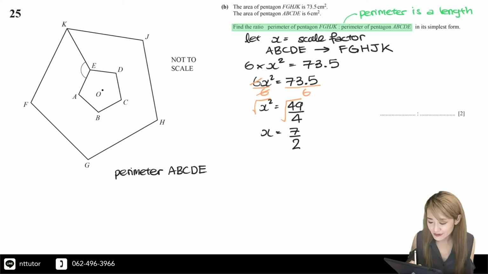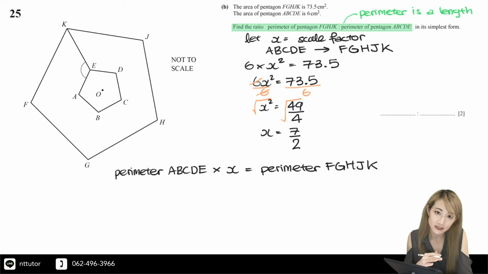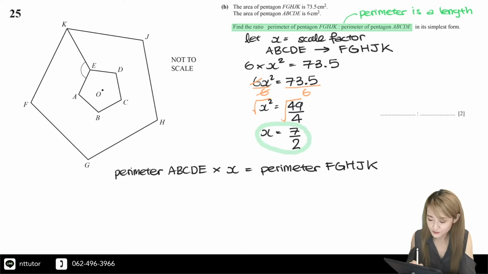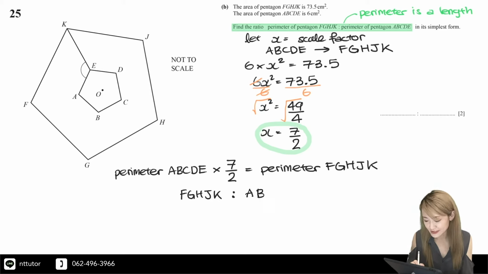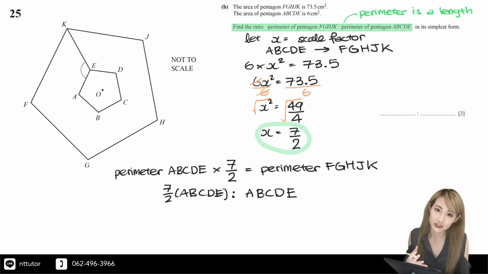So perimeter of ABCDE multiplied by x equals perimeter of FGHJK, and we know that x equals 7 over 2. So if we write this as a ratio, FGHJK to ABCDE, we can replace FGHJK with 7 over 2 multiplied by ABCDE.